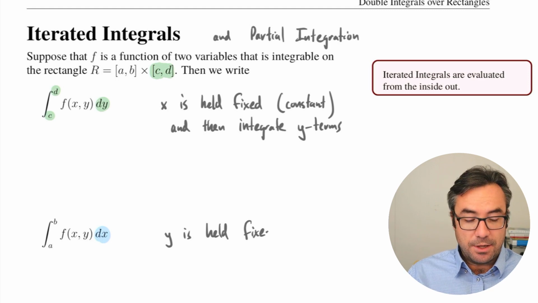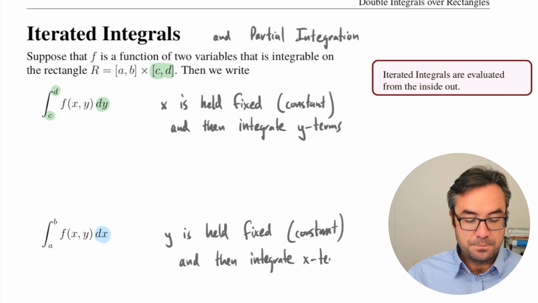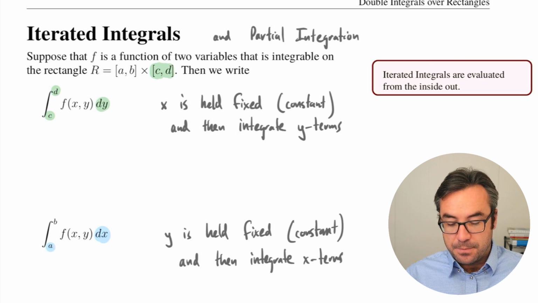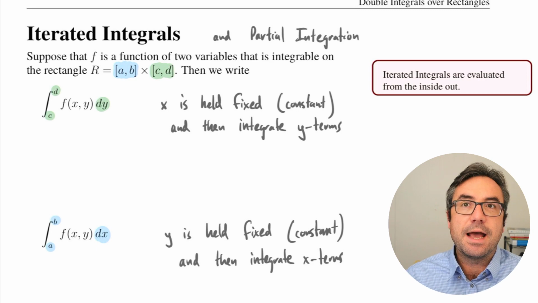We're treating y like a constant, and when we integrate, we're going to integrate the x terms like usual. If it's a definite integral, the limits of integration are for what x is doing. So x is between a and b.